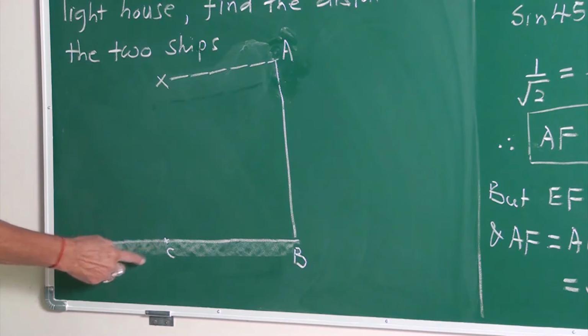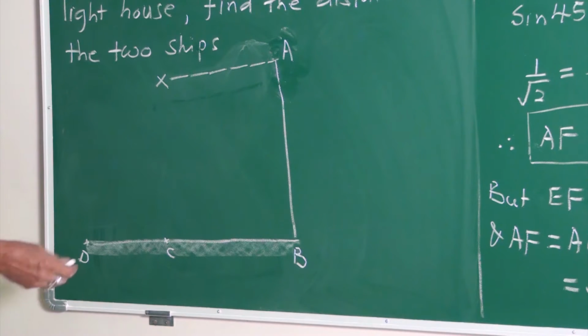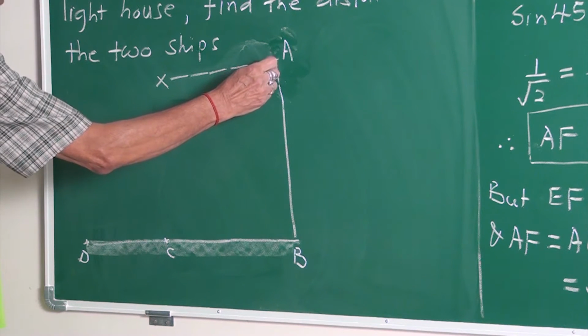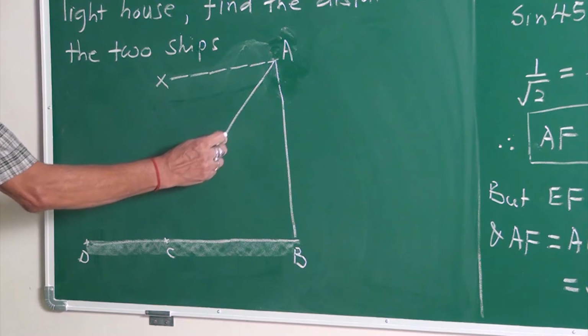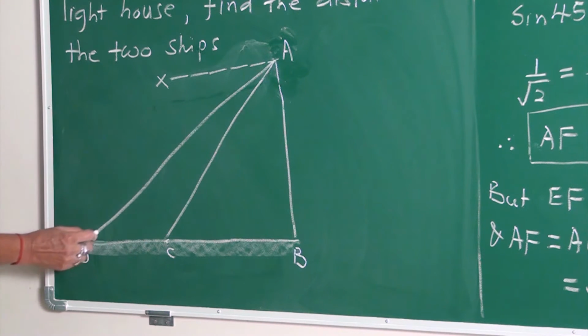These are the two objects below the horizontal line. Below the horizontal line means the angles formed are angles of depression.